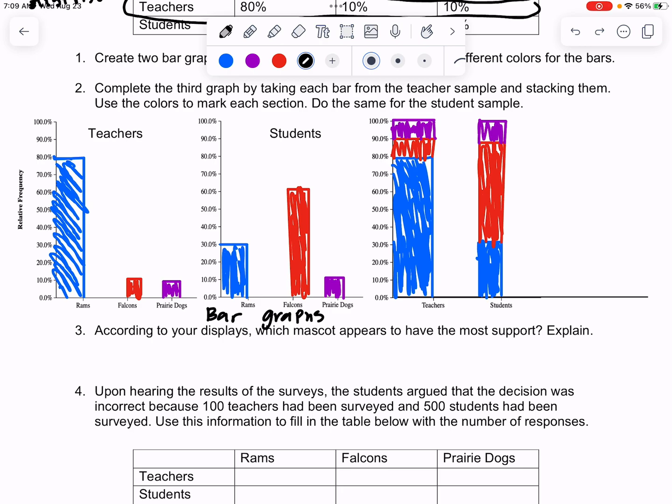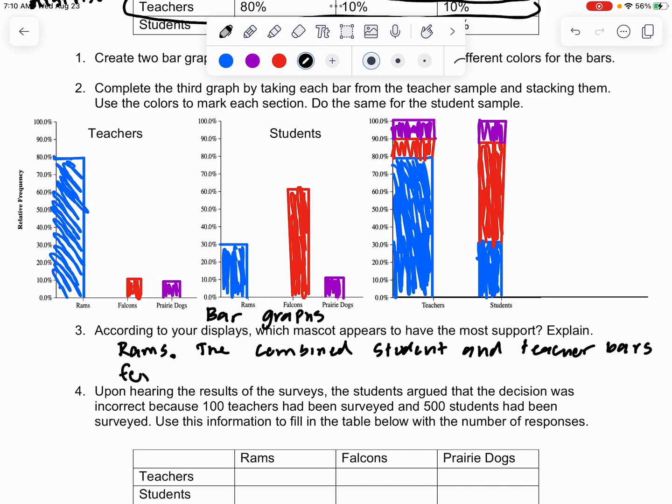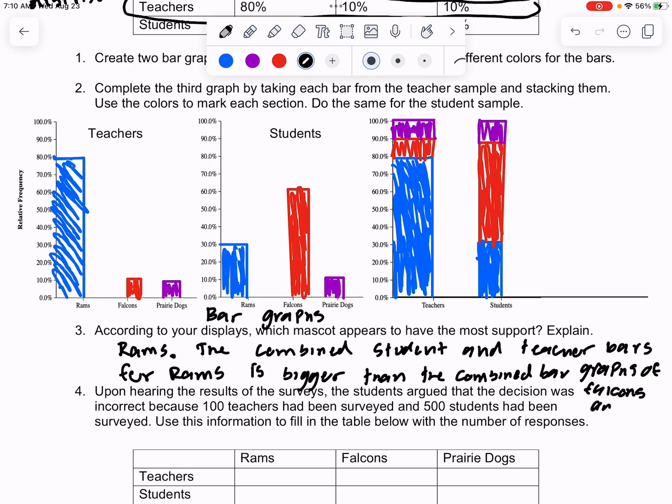So it seems like blue stands for Rams. So according to the display, Rams is the most supported mascot, and that's because the combined student and teacher bars for Rams is bigger than the combined bar graphs of Falcons and, what's the other one?